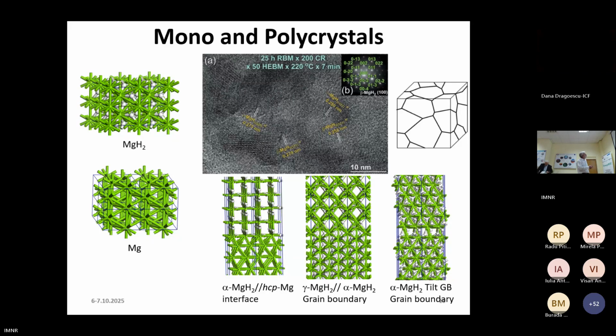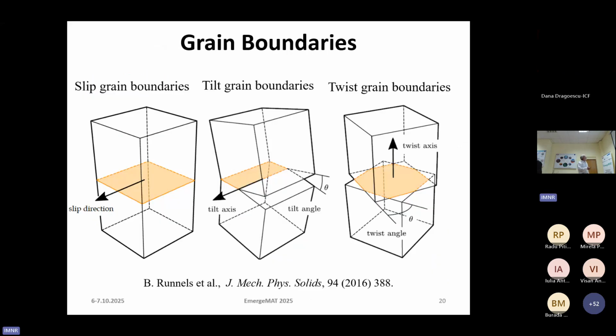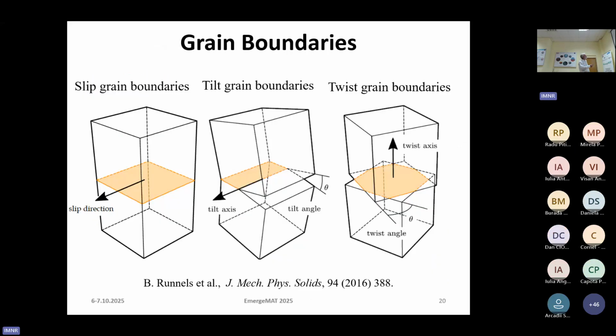And we can see that we may have such kind of interfaces, which can be done by slipping of the material.